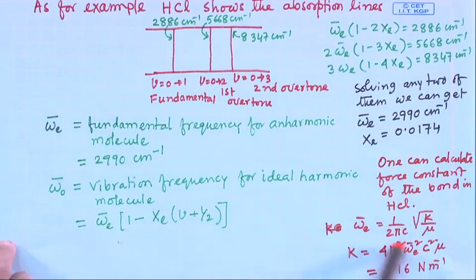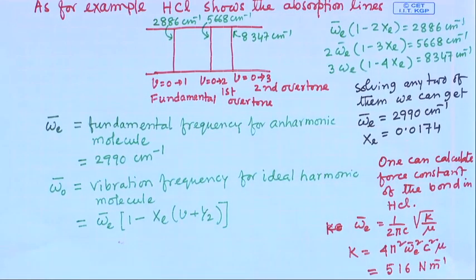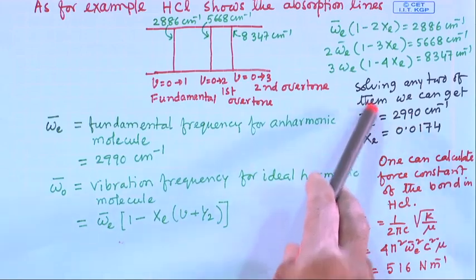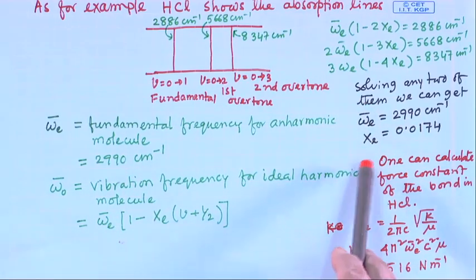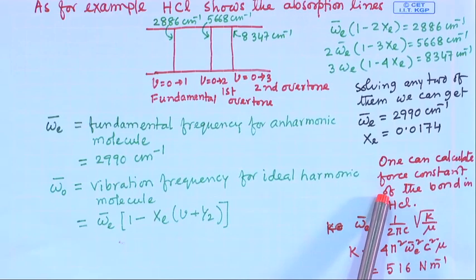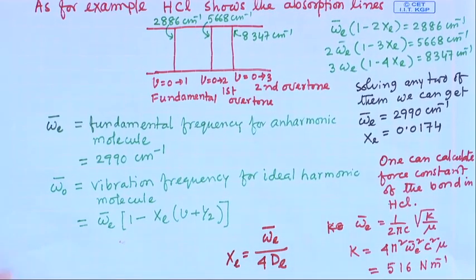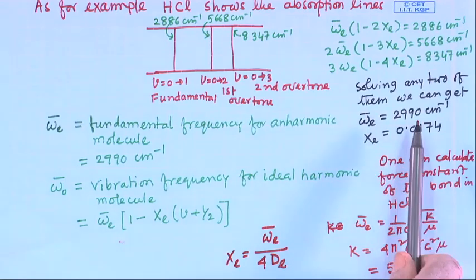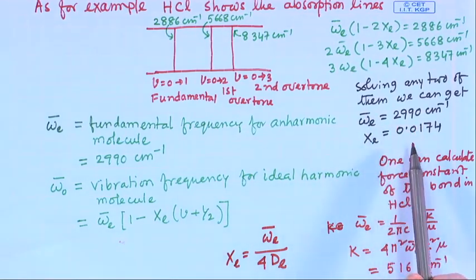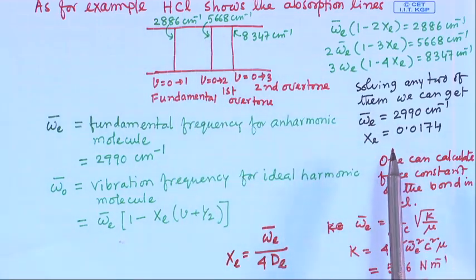So, from this measurement one can get the anharmonicity constant and omega E. The relation, as I showed you, is x e equals omega E bar by 4 d E. So, you know omega E bar and x e from your experimental data.